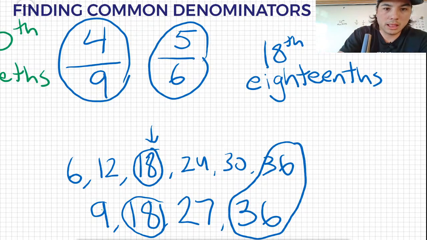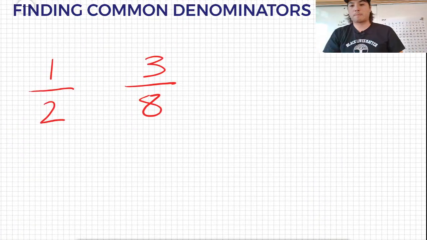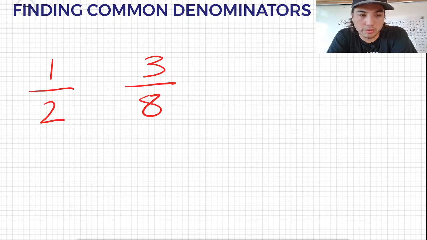Okay, last one. I'll let you try this on your own before we get out of here. 1/2 or 3 and 3/8. What is a common multiple of those two?